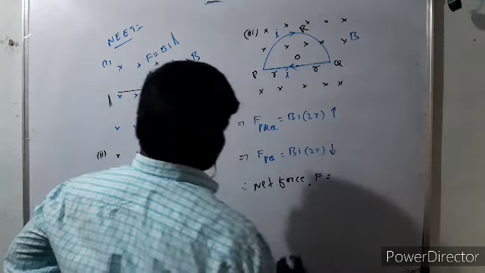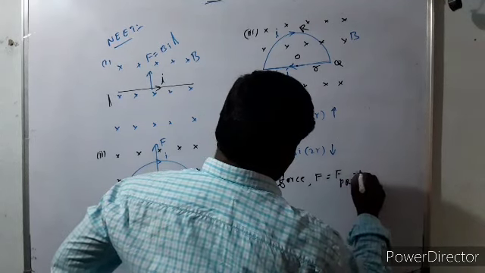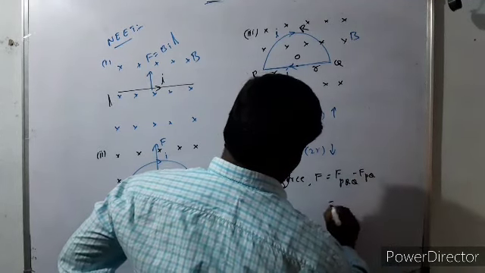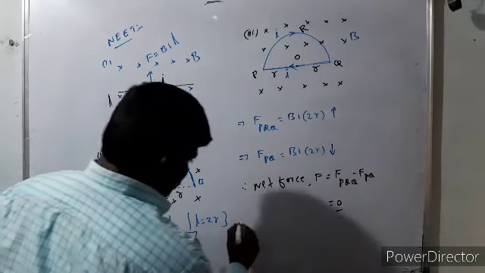F is equal to F_PRQ minus F_PQ. How much? The net force is 0. Now from this I want to tell one point.